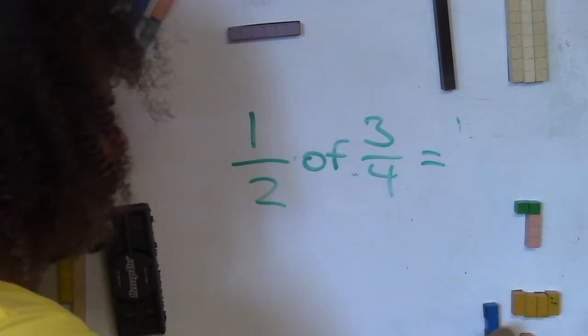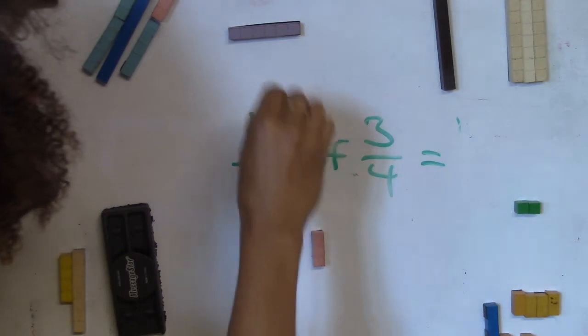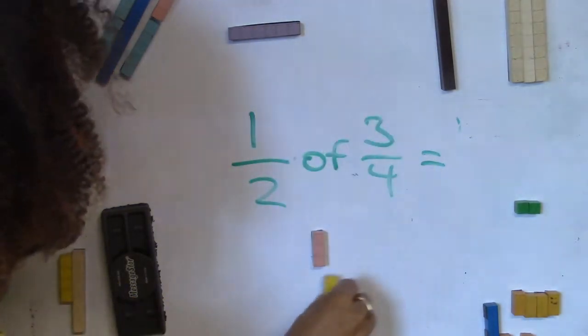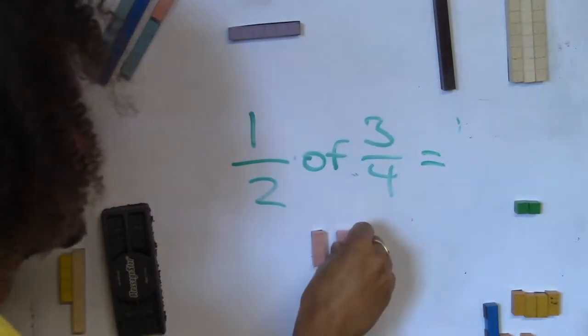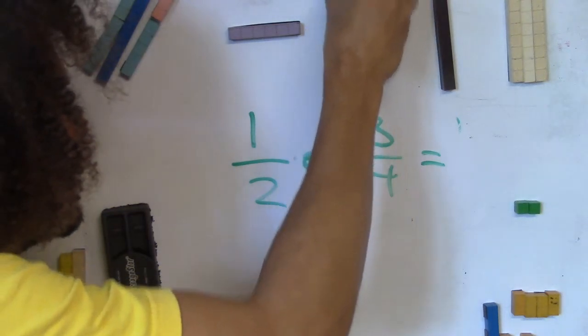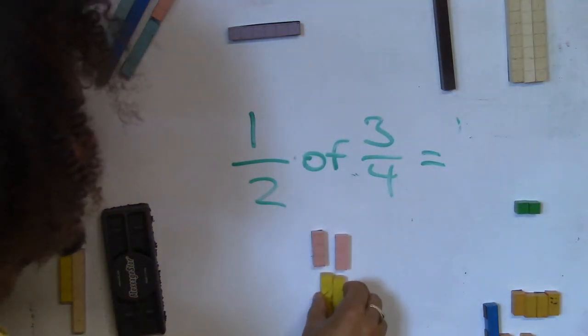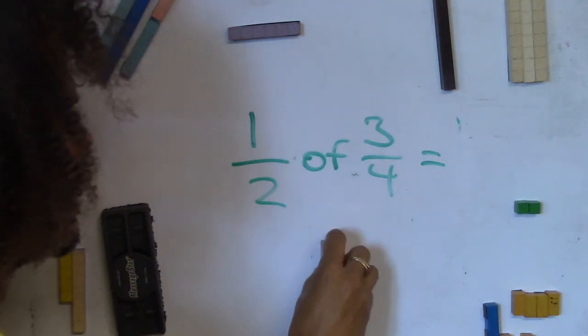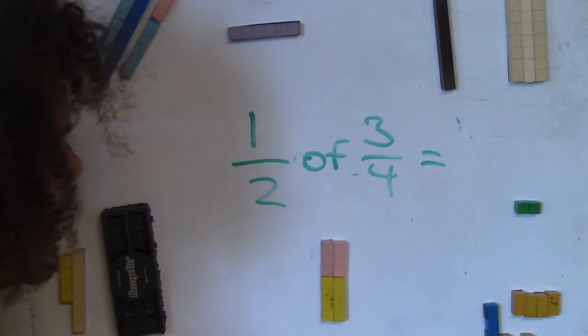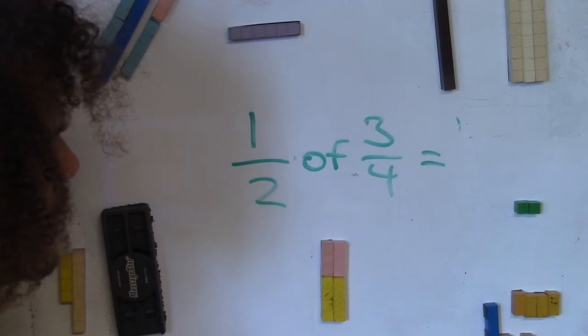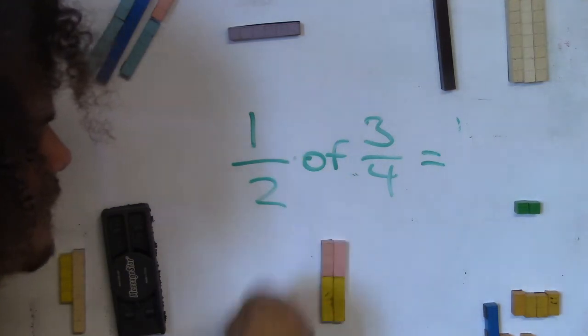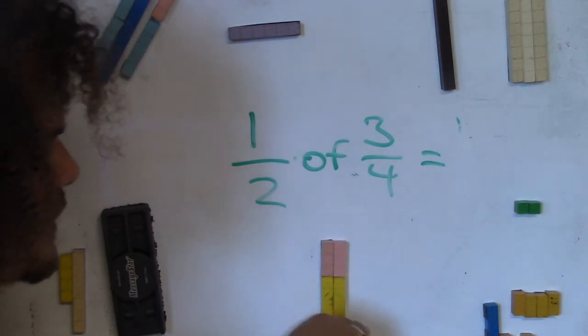Let's do 3/4 and 3/4, which works out to 6/8. But that won't help because I can only take half of it.